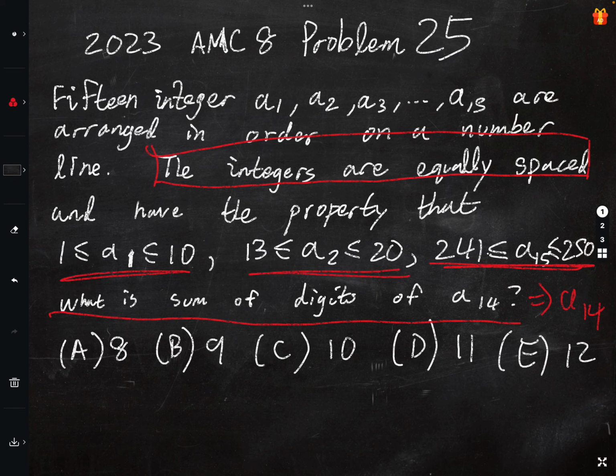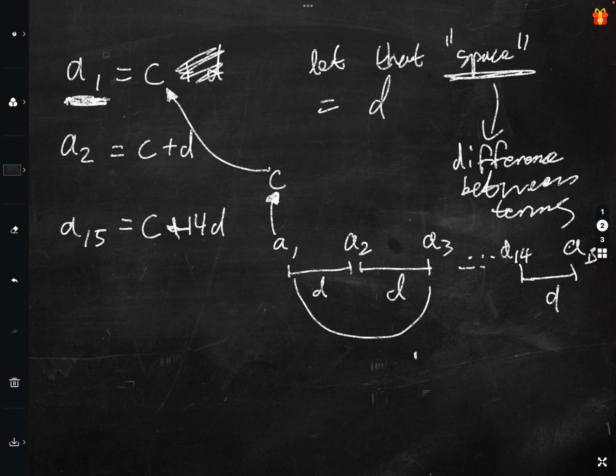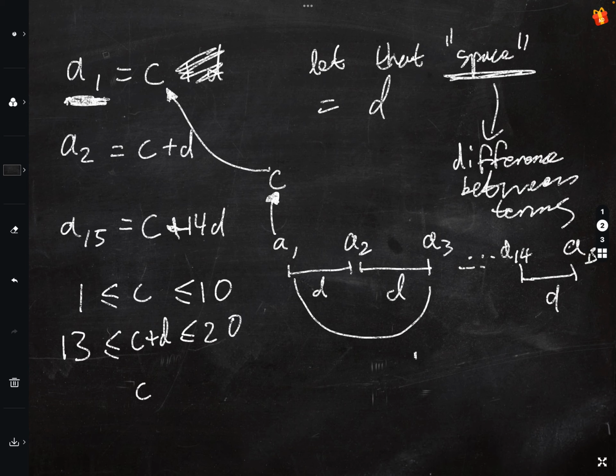So that just means we can simply convert these to C is greater than or equal to 1 and lesser than or equal to 10. And C plus D is lesser than or equal to 20 but greater than or equal to 13. And C plus 14D is lesser than or equal to 250 and greater than or equal to 241.